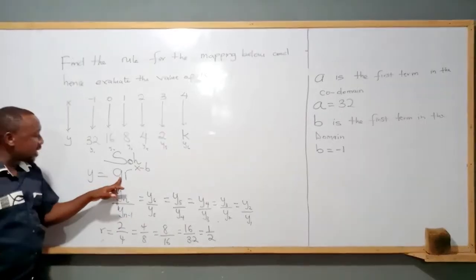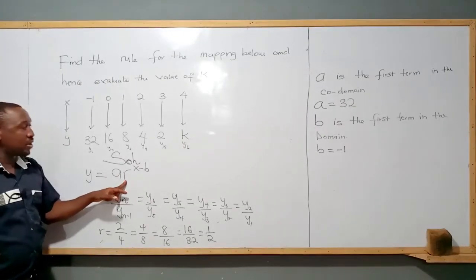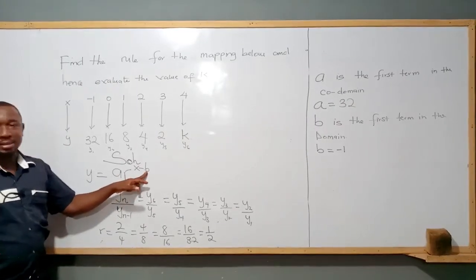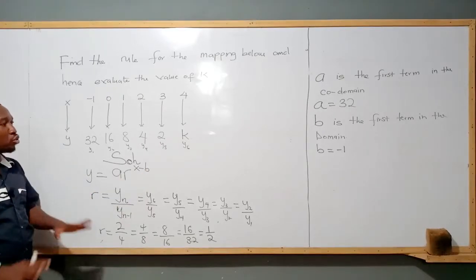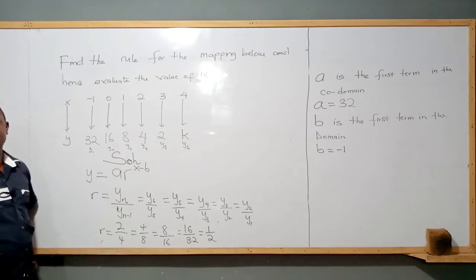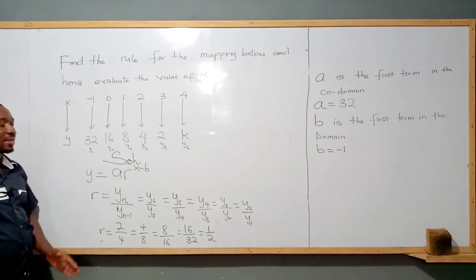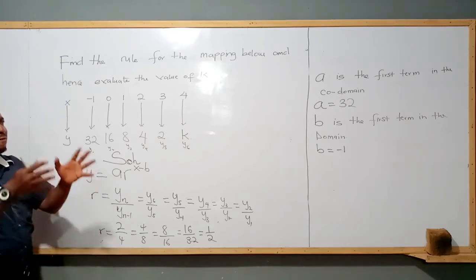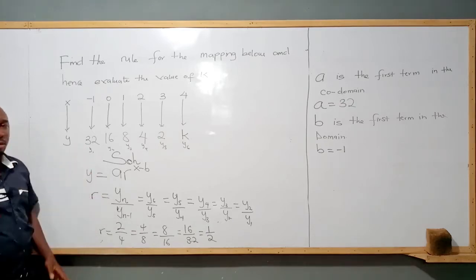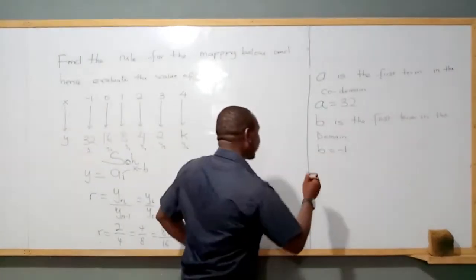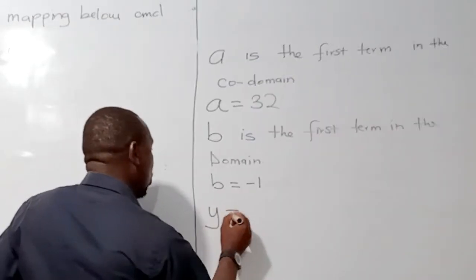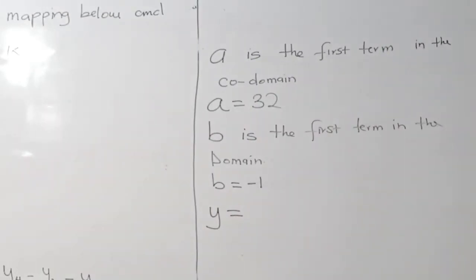Now we know what A is, we know what R is, and then we know what our B is. In that case, we can write the rule for the mapping. How do we write the rule? By just substituting the figures into the formula, and then we get the rule for the mapping. So follow me as we do the substitution. Y here will be equal to A. What is A?